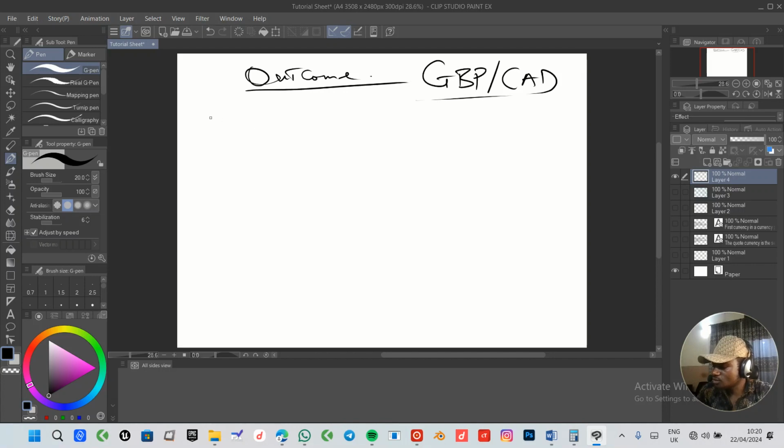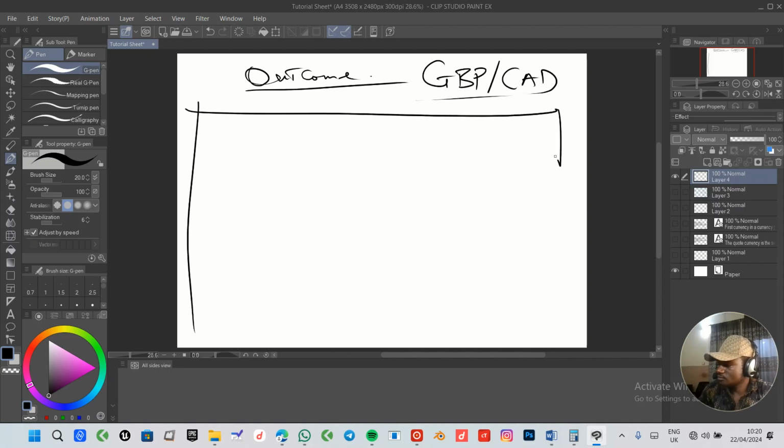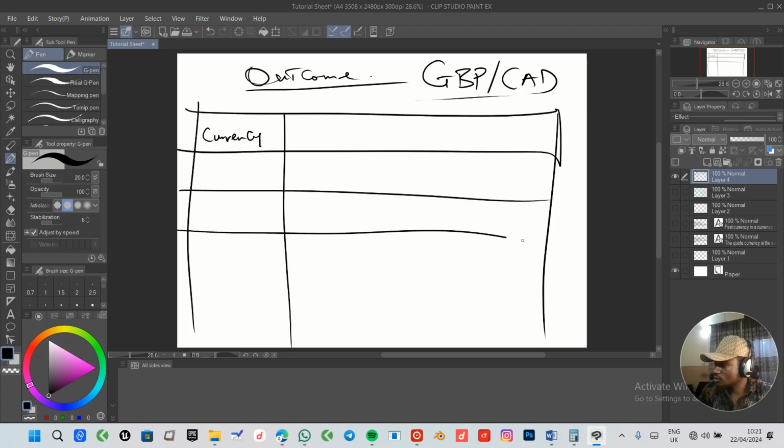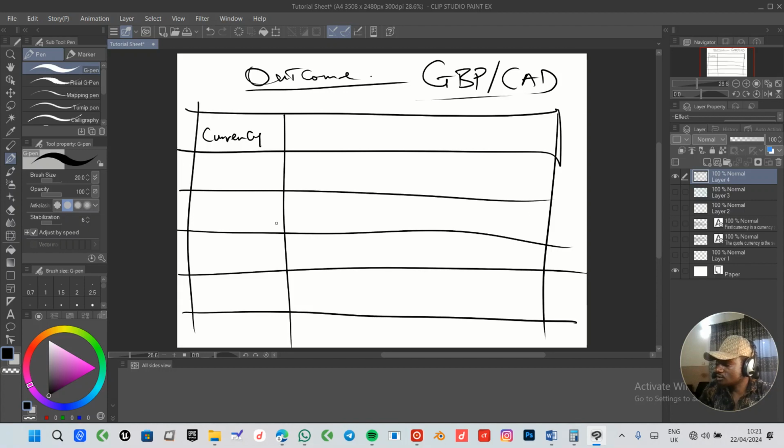So now what you will do is your first column. Your first column will be the currency pair. Then you delineate about 4 different points. Now what is the currency we are trading?